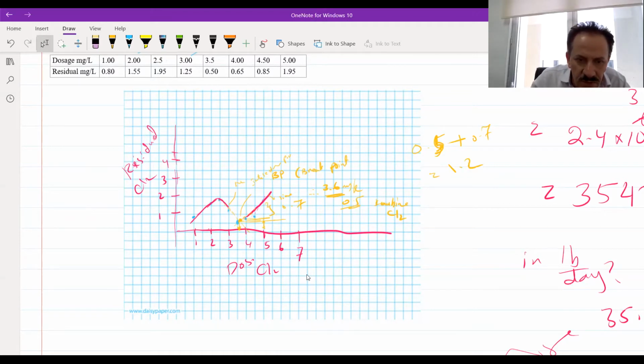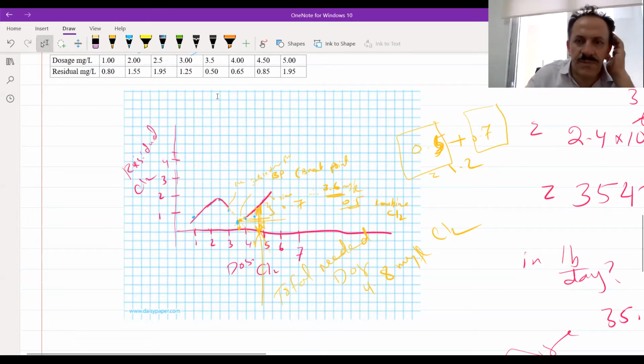So you have to find 1, this is 1, 1.2, 1.4. This will be the total needed dose, meaning 4.8 milligram per liter chlorine is needed just to have 0.5 combined and 0.7 free.